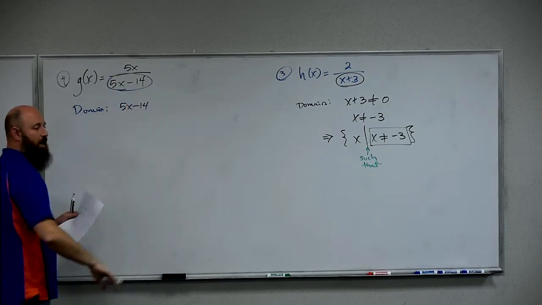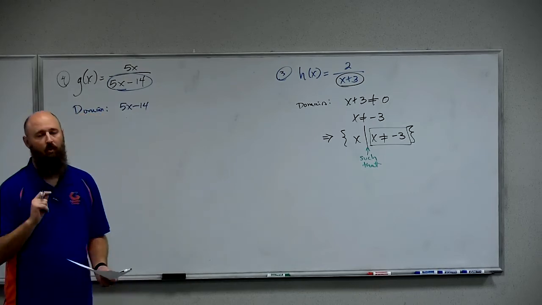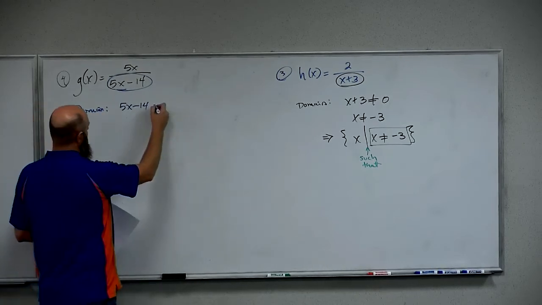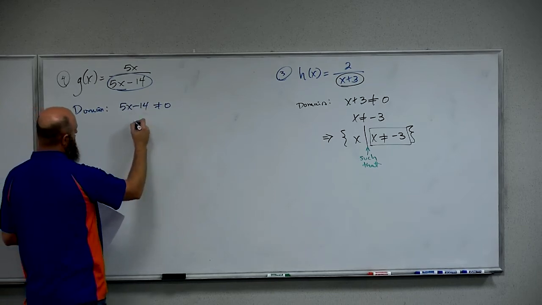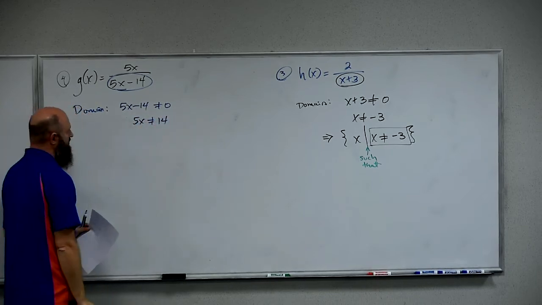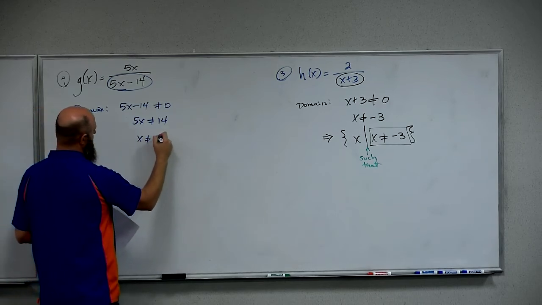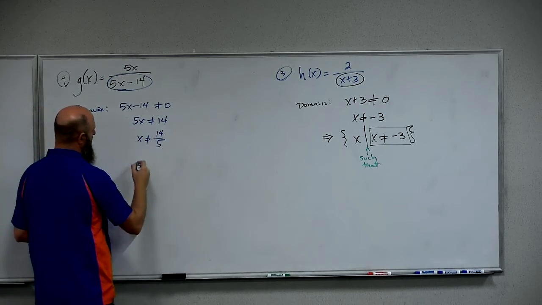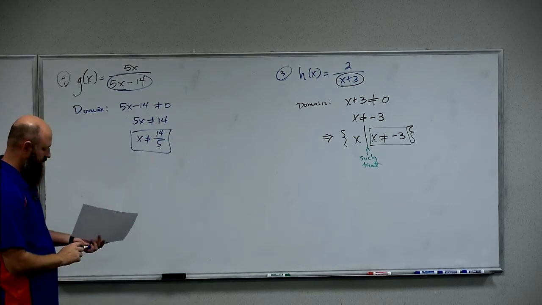We don't care what the top is. The top can be full of variables. We only care about the bottom. And it cannot be 0. So then we add our 14 over. 5x cannot equal 14. We divide by 5. And so x cannot be 14 over 5 for this problem.